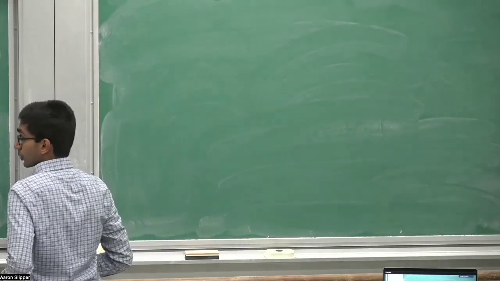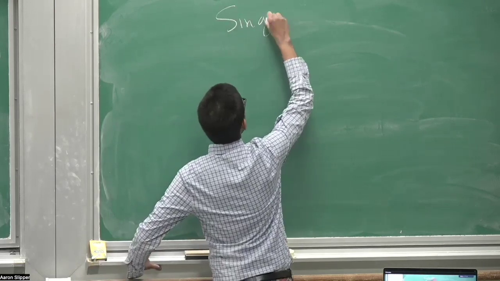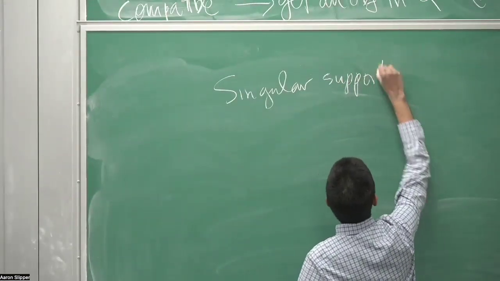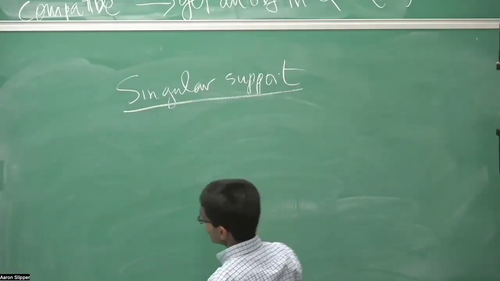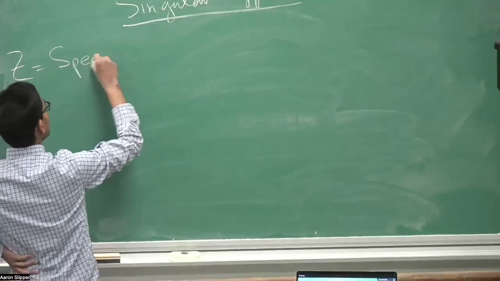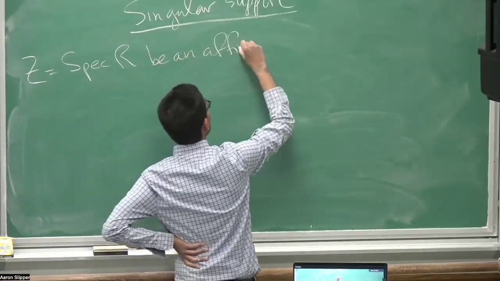Okay, so the setting is going to be, maybe I will just do this for affine derived schemes. So let me say something about the singular support. So let X equal Spec R be an affine derived scheme.